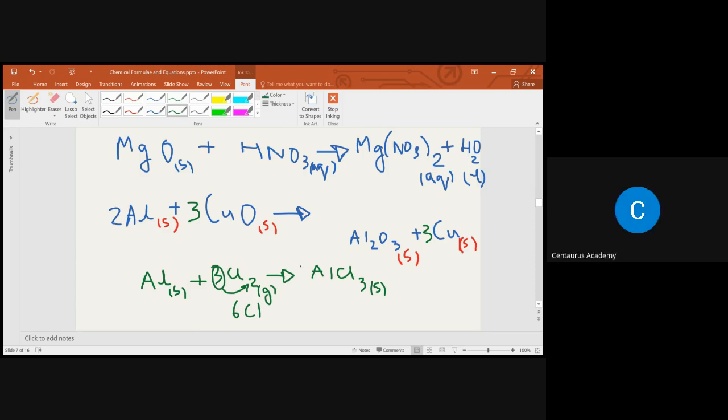And then we put 2 with aluminium on the reactant side. So 2 aluminium on the reactant side and 2 on the right hand side, and this 2 is multiplied with all of these atoms, aluminium as well as chlorine.